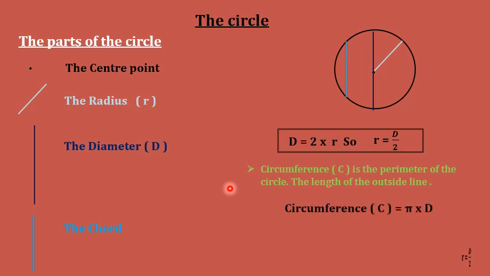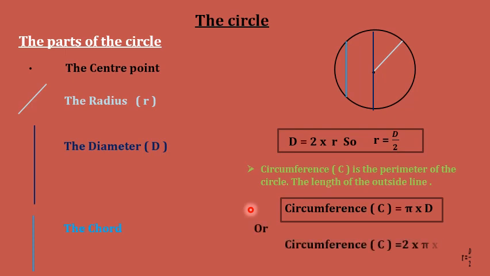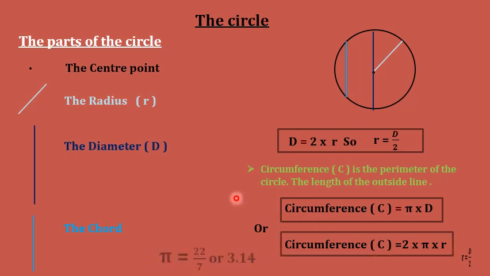First rule, given the diameter, C, circumference, equals pi times D. Or second rule, given the radius, circumference C equals 2 times pi times R. What about this pi? Pi equals 22 over 7 or 3.14. It will be given to you all the time.